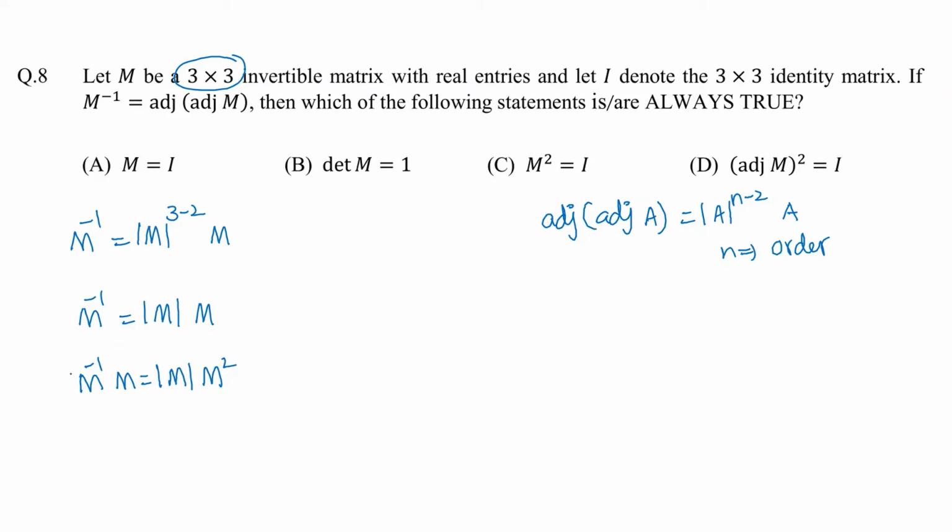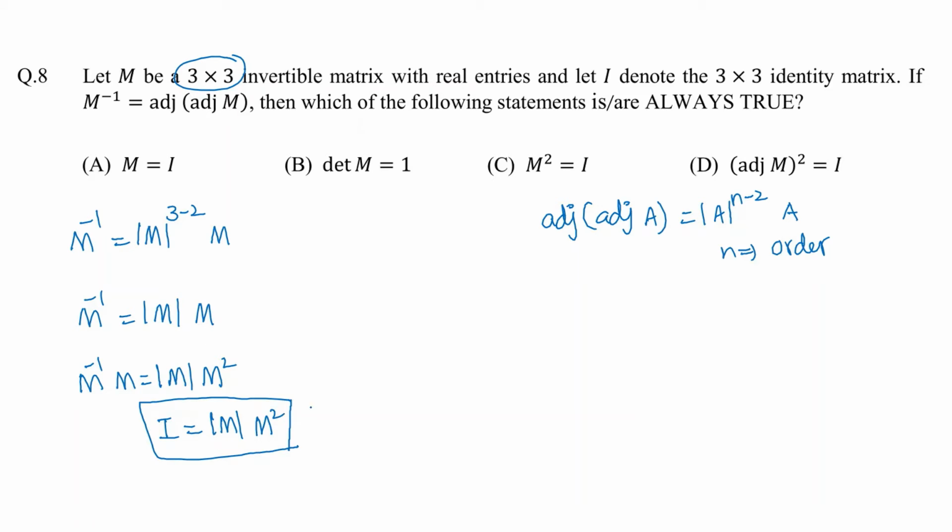So now what happens to M inverse into M? M inverse into M is going to be identity matrix that we know. Definitely M inverse into M is going to be identity, and that came out to be det M into M square. Okay, so this is one property that we got here. So M square into det M is going to come as I here.